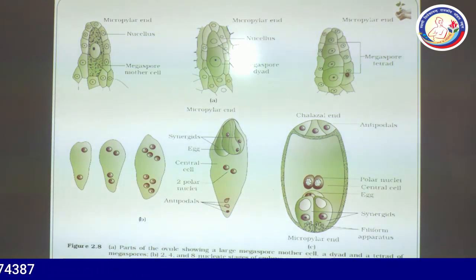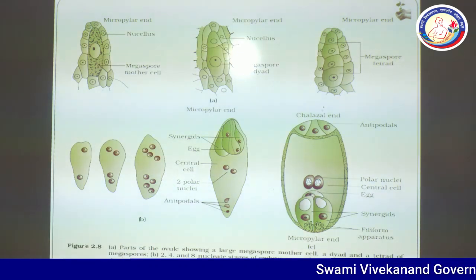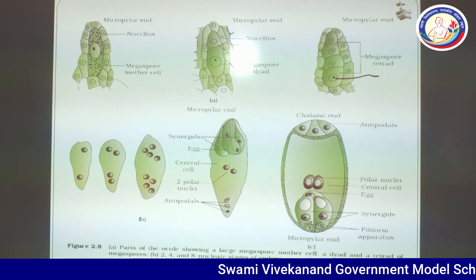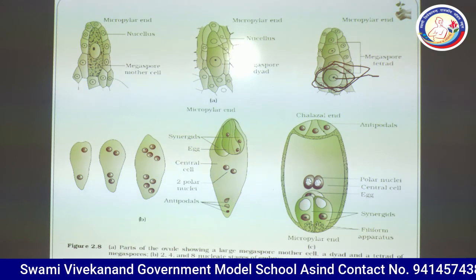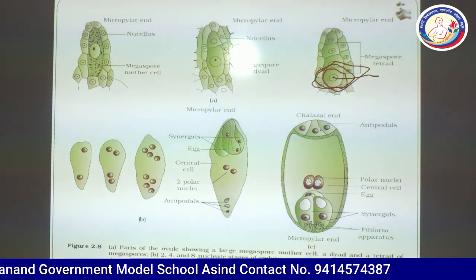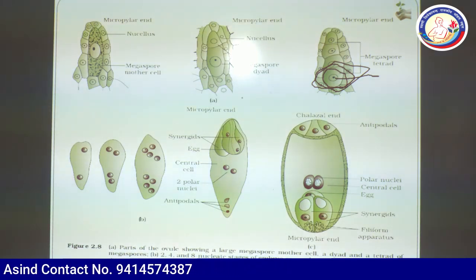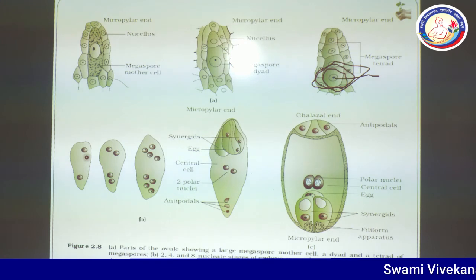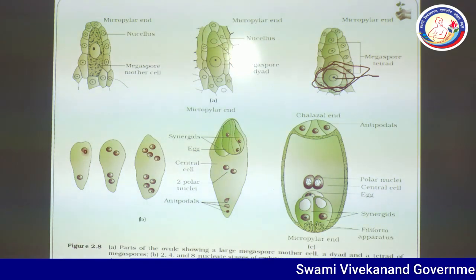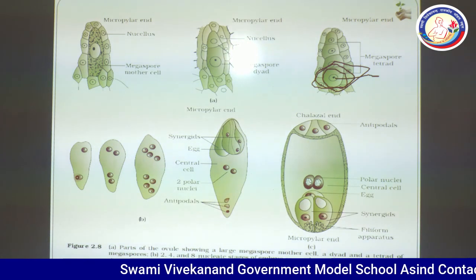So you can see this is the active megaspore and it participates in embryo sac formation. It will divide into 2 cells, and these are the 2 nuclei formed after the first mitotic division.